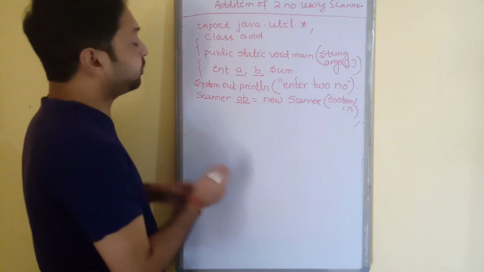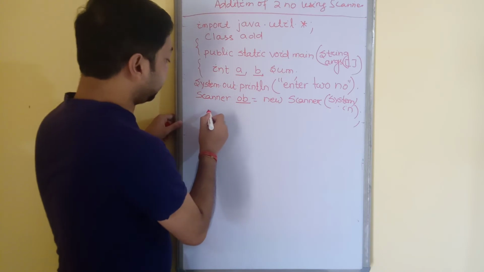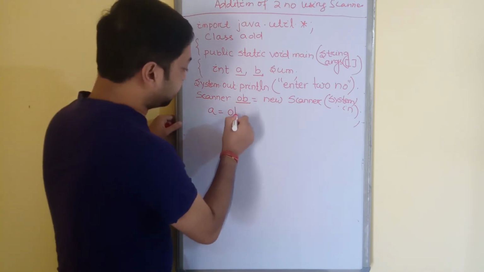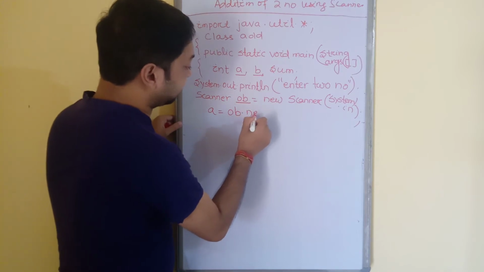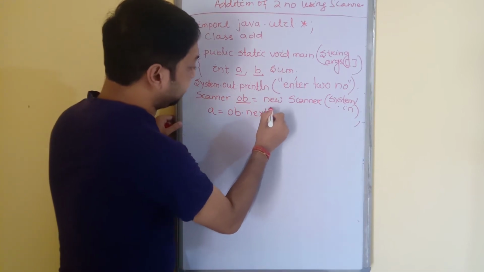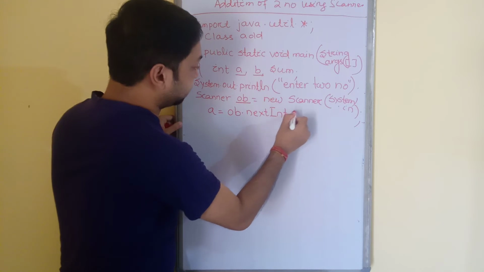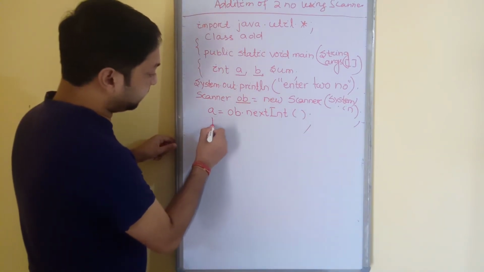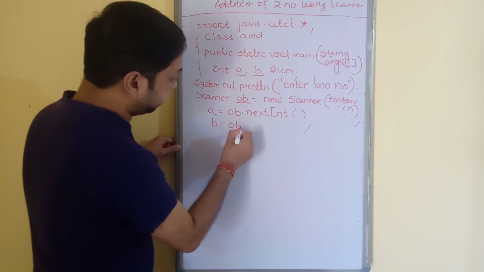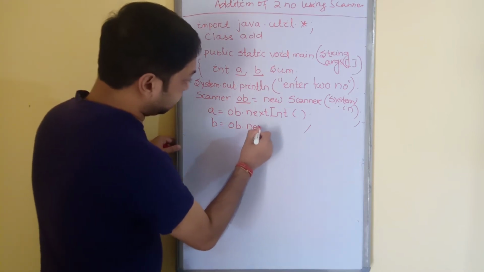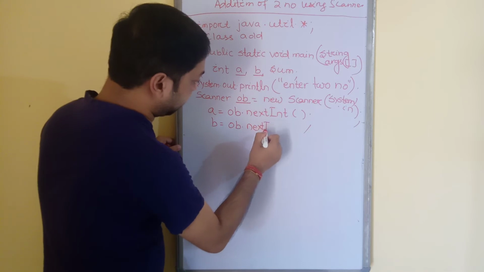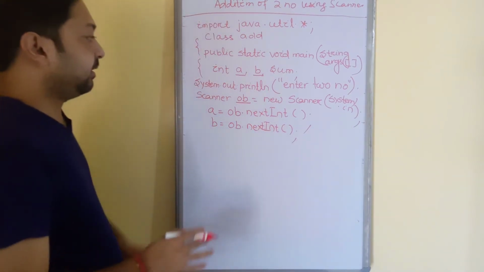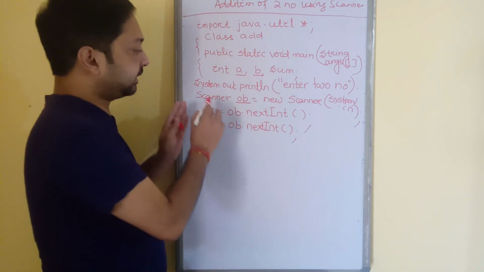Now we will input both variables a and b. Just see how to input. a equals ob dot nextInt method. This method is used for inputting the variable. In the same way I can input b, b equals ob.nextInt, and nextInt is a single word with a capital I. Now in this case I have created the object of the Scanner class.